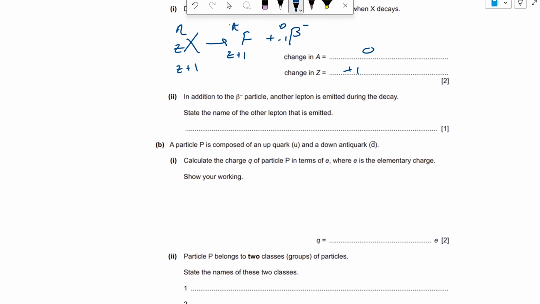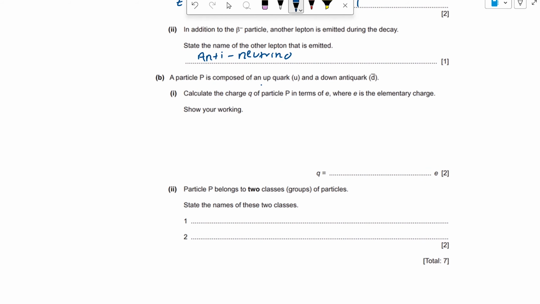State the name of the lepton that's emitted. It's going to be an antineutrino. A particle P is composed of an up quark and an anti-down quark. Calculate in terms of e the charge.